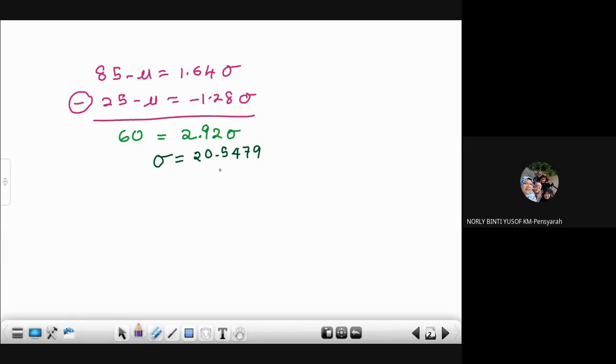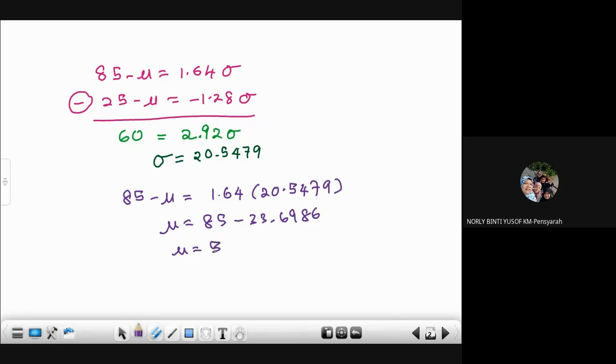Okay, and then substitute back into equation 1 or 2 to find the value of the mean. 85 minus mean equals 1.64 times 20.5479. Then your mean should be 85 minus 33.9686, so the mean will be 51.314.